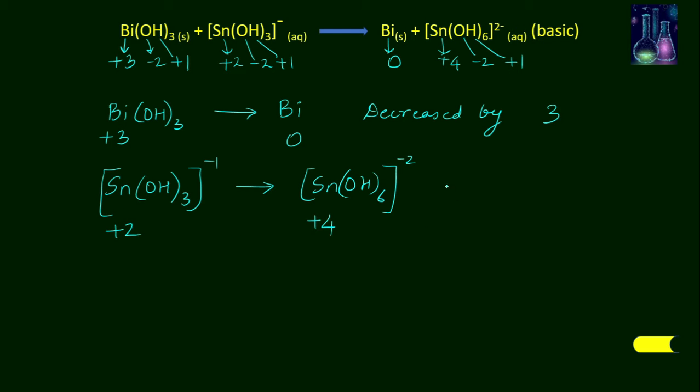That means it is increased by 2. Therefore, to make it equal, I have to multiply this by 2 and this by 3.